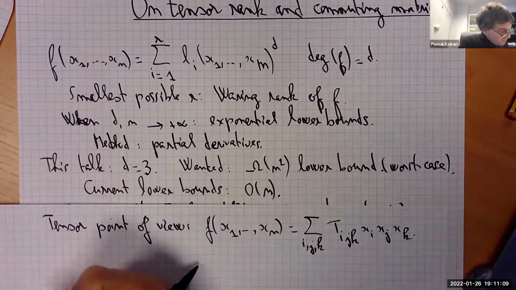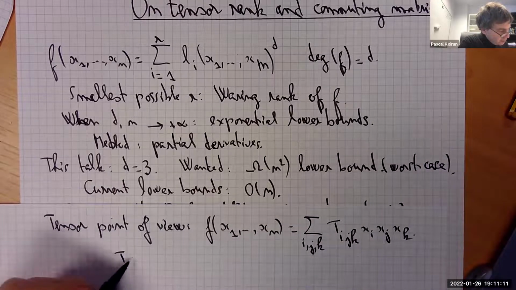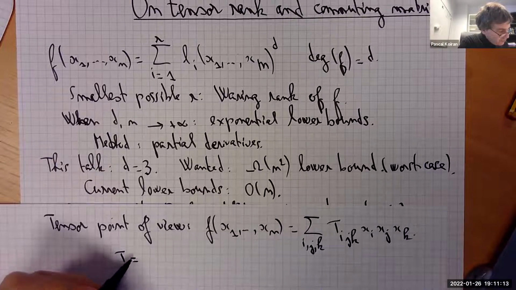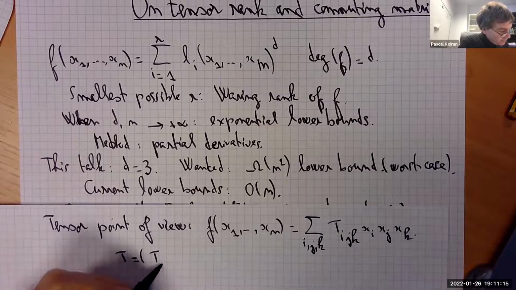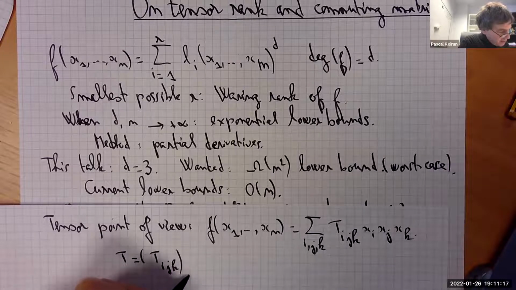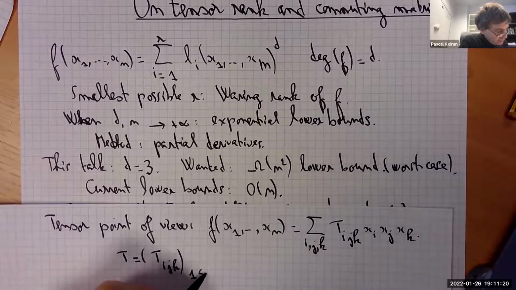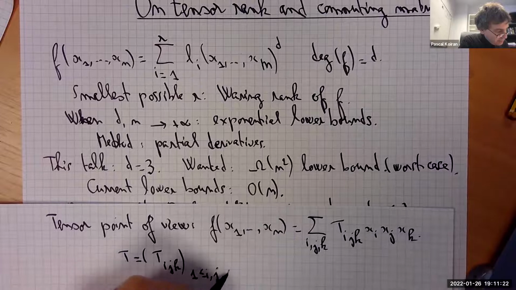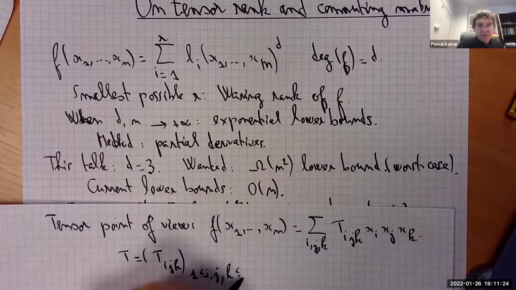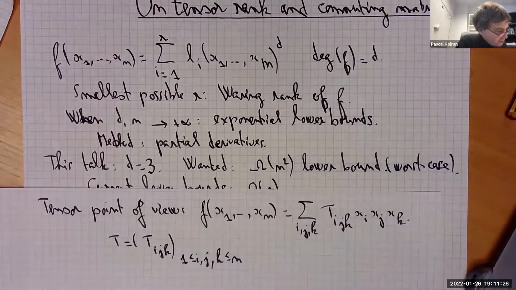So the tensor T is basically this three-dimensional array. It's an n by n by n array, and it is a symmetric tensor.